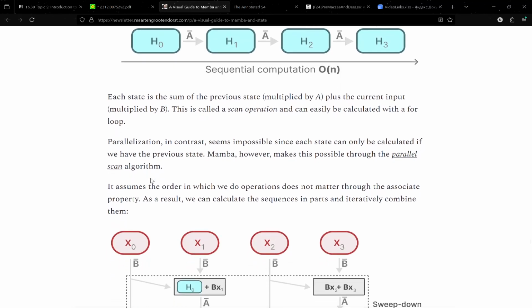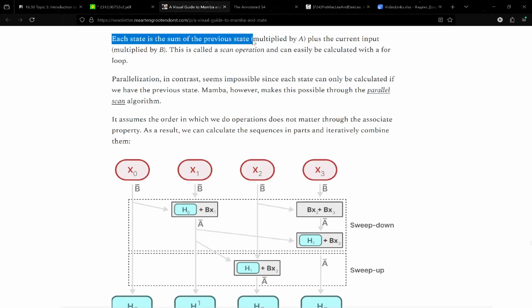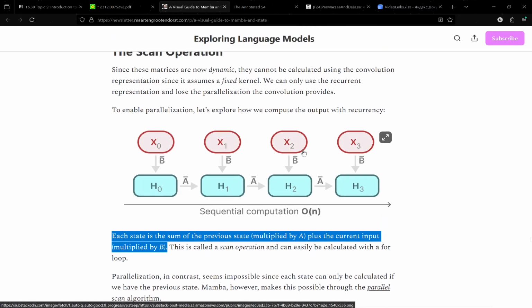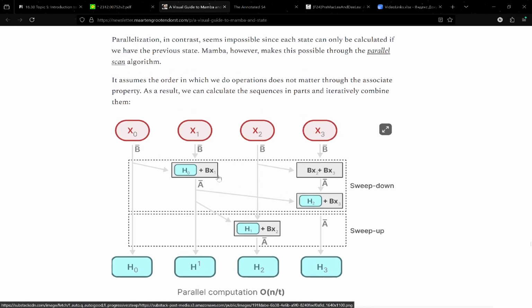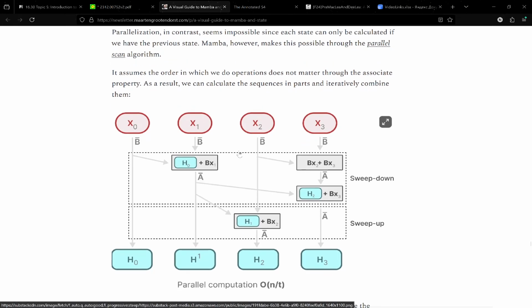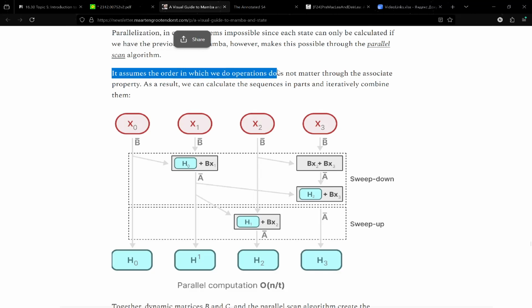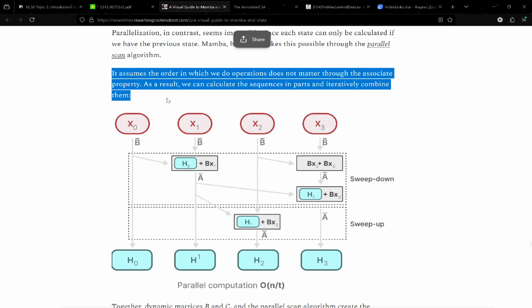And now each state is the sum of the previous state multiplied by A plus the current input multiplied by B. This is called the scan operation and can easily be calculated with a for loop. Here is a picture. It assumes that the order in which we do operations does not matter, through the associative property. As a result, we can calculate the sequence in parts and iteratively combine them.